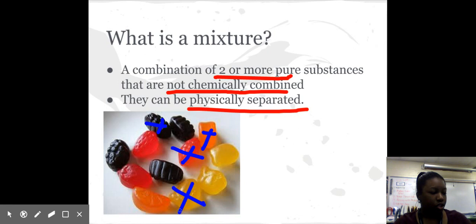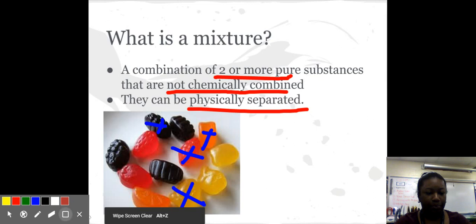Okay, so we can separate them out because they're not chemically combined. So if we put them all in a bucket and then boom, we can separate them out. Okay, so we can also put them back together with their colors. Okay, so that's what a mixture is. So they can physically be separated, not chemically.